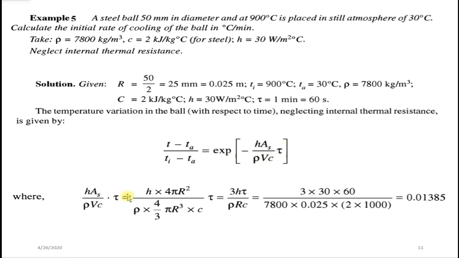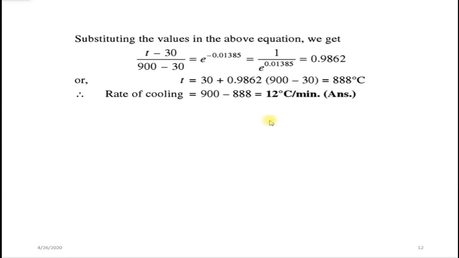This factor they find first; if you substitute all the values you will get 0.01385. Now we have the value of this whole factor, 0.01385.